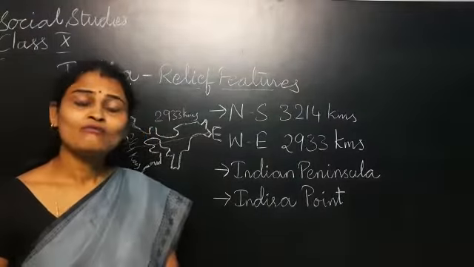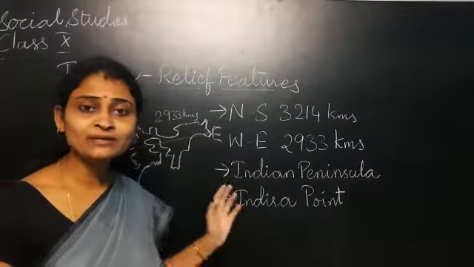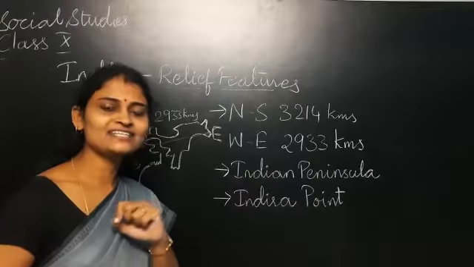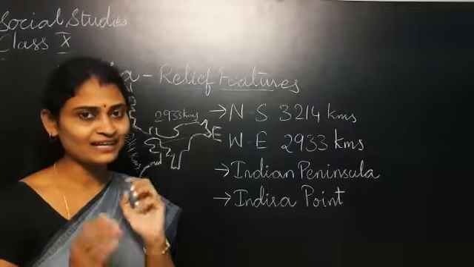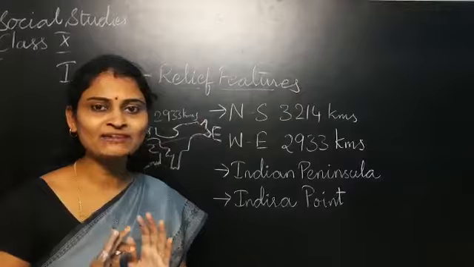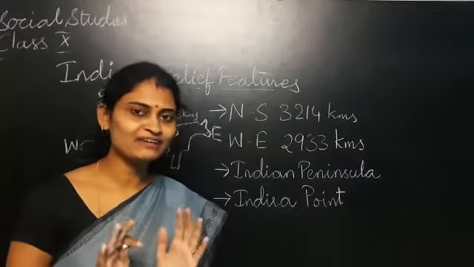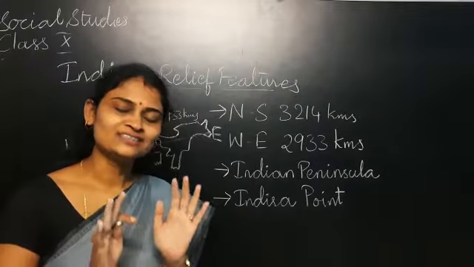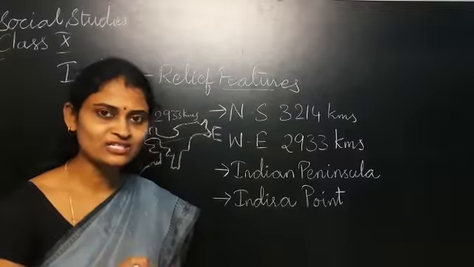Next, why do we often call it the Indian peninsula? Let us see the meaning of peninsula. The land which is surrounded by water on three sides is known as a peninsula.